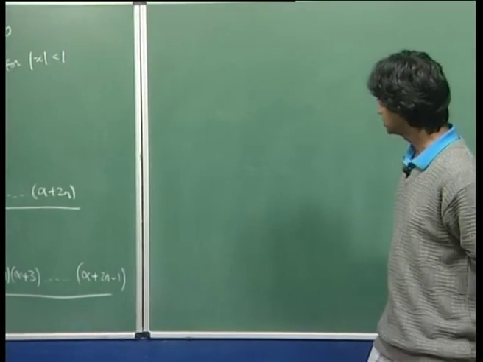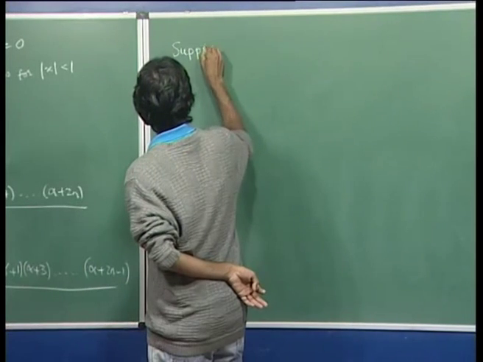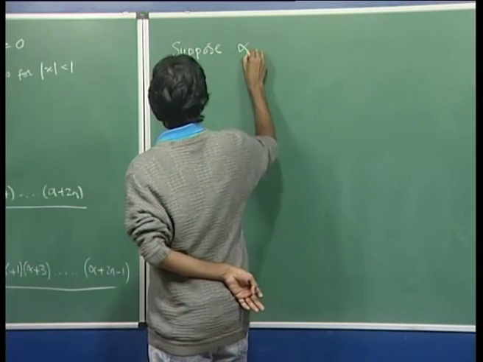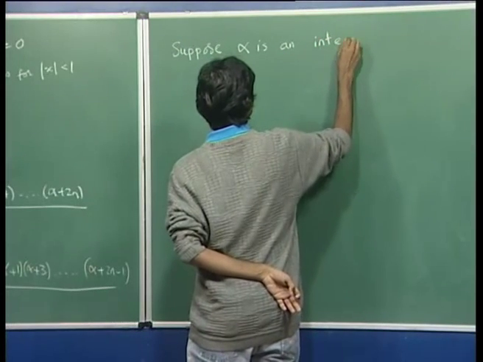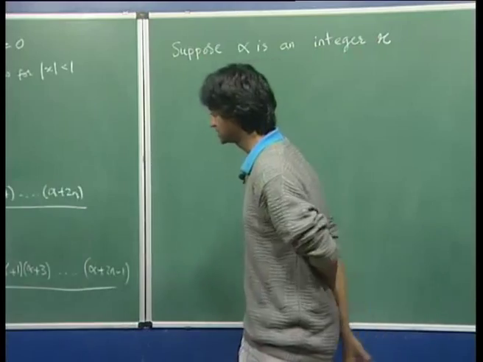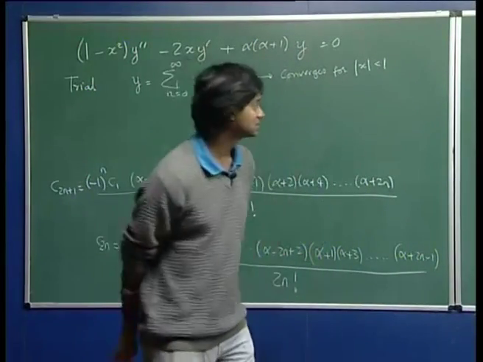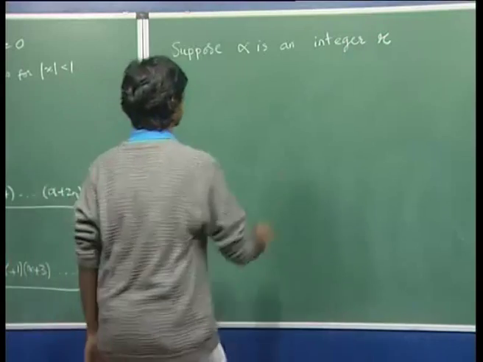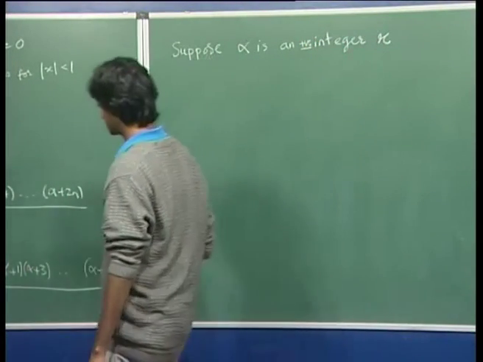Okay. So, suppose alpha is an integer r, and I will just choose a positive integer r.